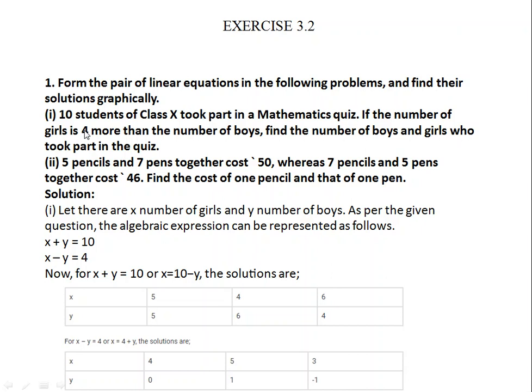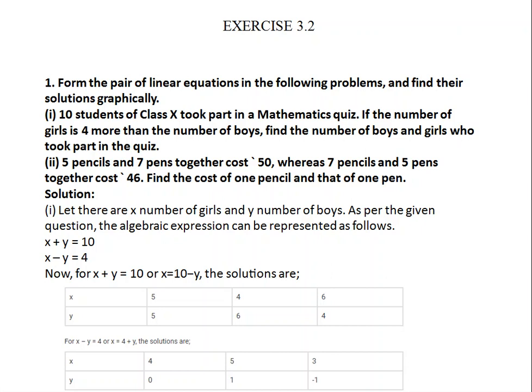So, x minus y equal to 4. So, after reading the word problem, you got the variables, the number of boys and number of girls. Reading the problem, you found the relation between them, and at last you got the two equations as x plus y equal to 10 and x minus y equal to 4.